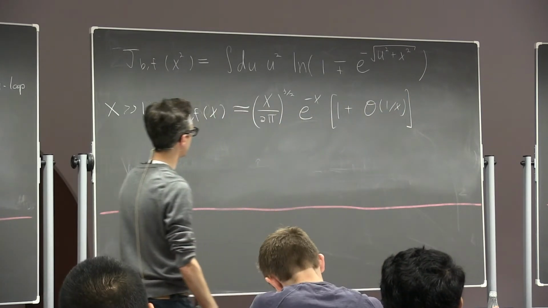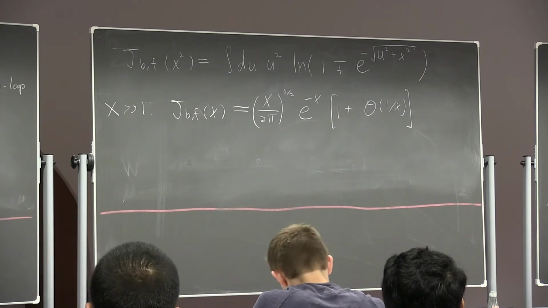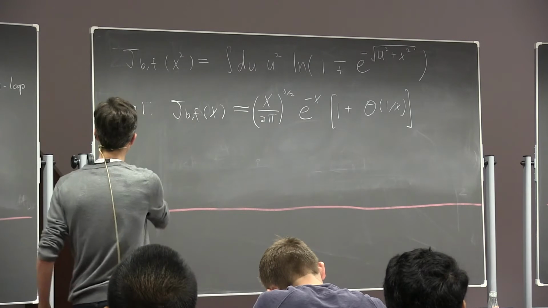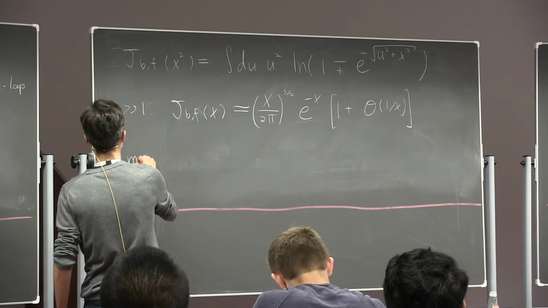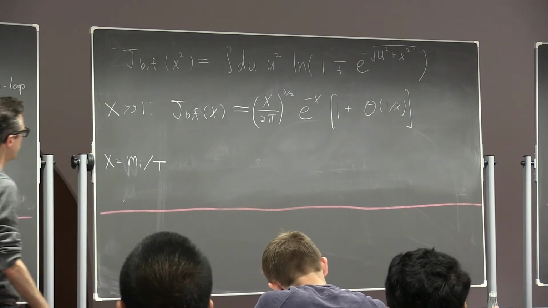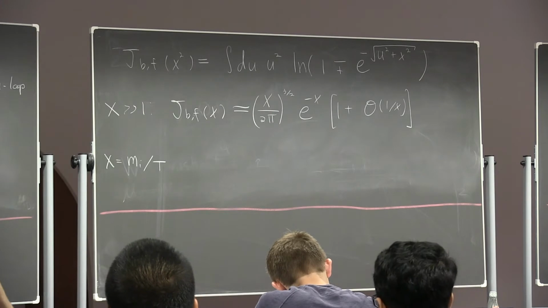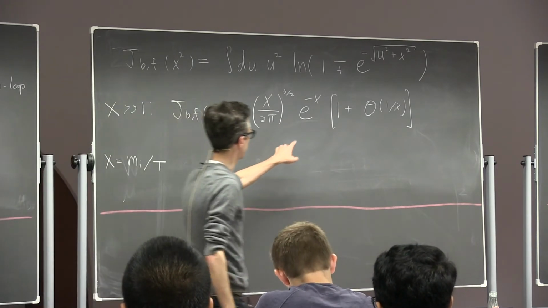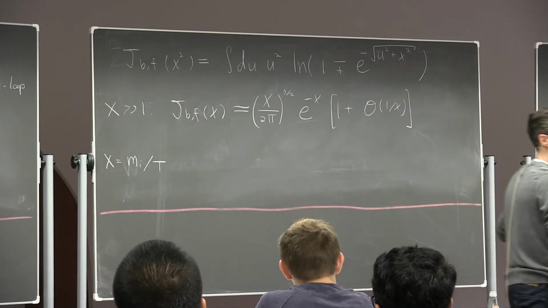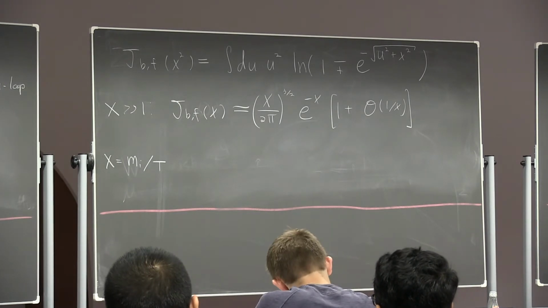This contribution should look fairly familiar. Remember, x is going to be the mass of i divided by the temperature. And in the limit where the mass over the temperature is much larger than 1, I get this exponential suppression. The exponential suppression is our familiar Boltzmann suppression for states that are very massive compared to the temperature.